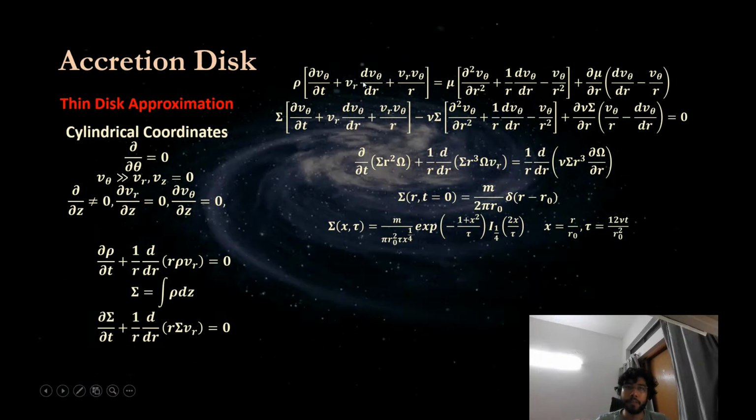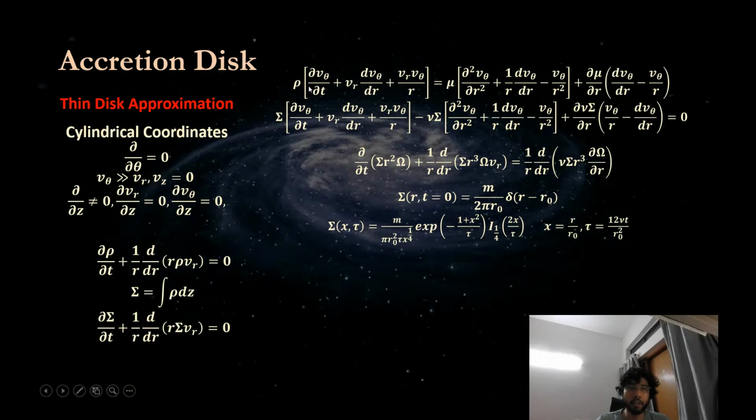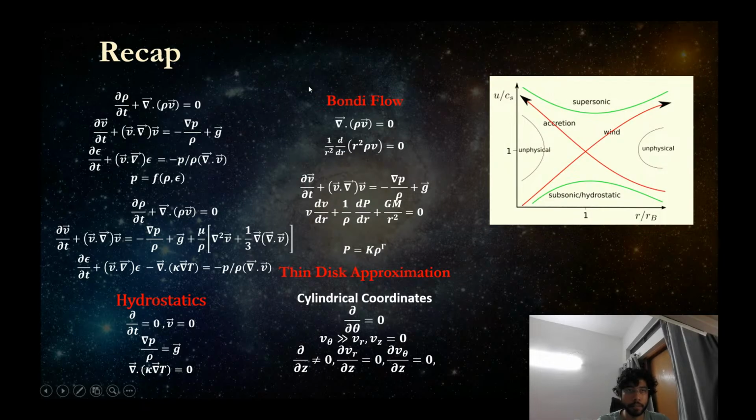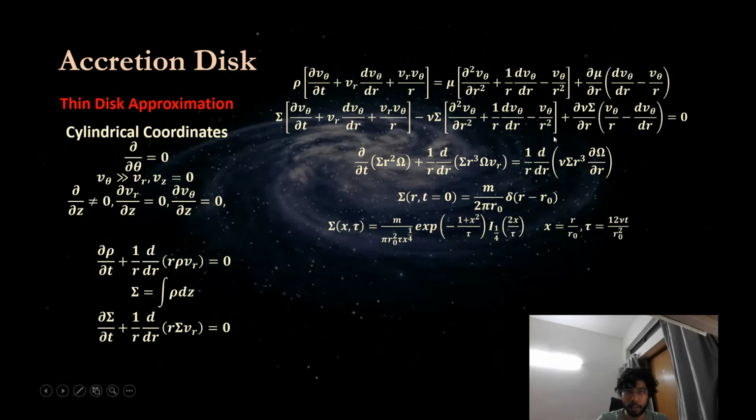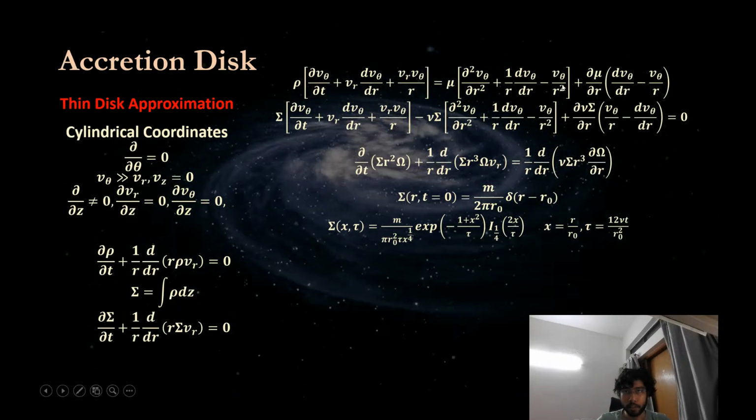Similarly, if you expand the theta component of the momentum balance equation, which is given by this, where we also consider that mu is a function of radius, the theta component of that equation will turn out to be something like this.